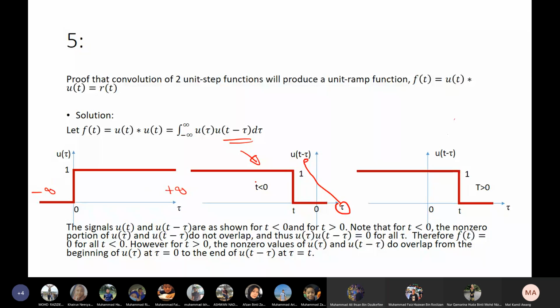So that's why this is actually this curve I want to show for t less than 0. So if t less than 0, basically there is no overlapping. Yang ini tak overlap dengan yang ini. And this one is for t greater than 0.